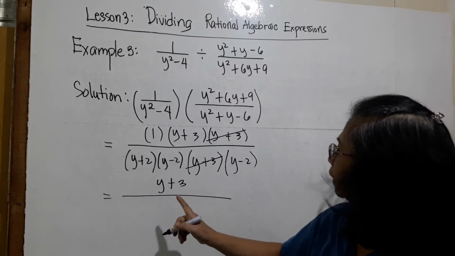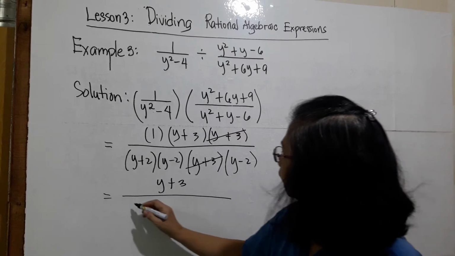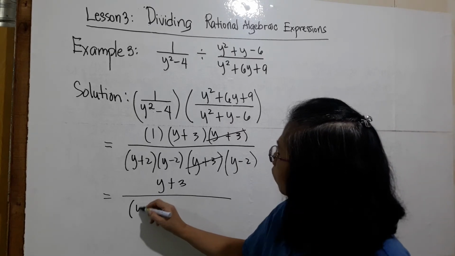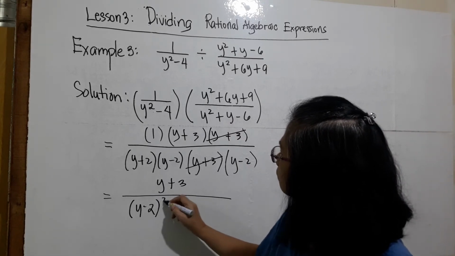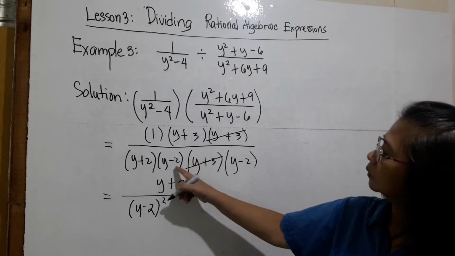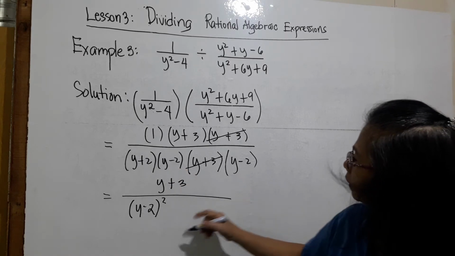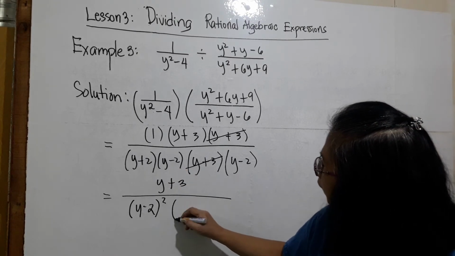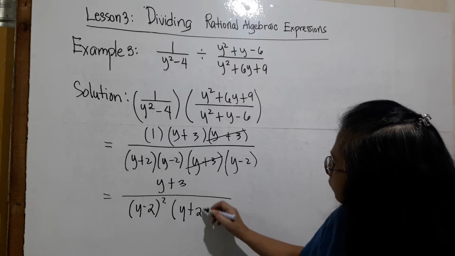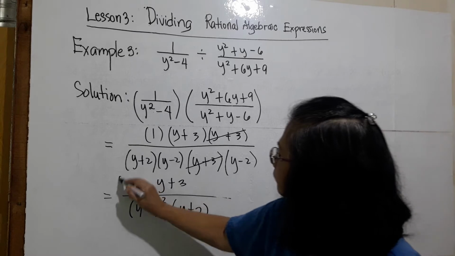For the denominator, we have y minus 2, y minus 2. We can write it as y minus 2 squared, since the factors are exactly the same, times y plus 2. So this is now our quotient.